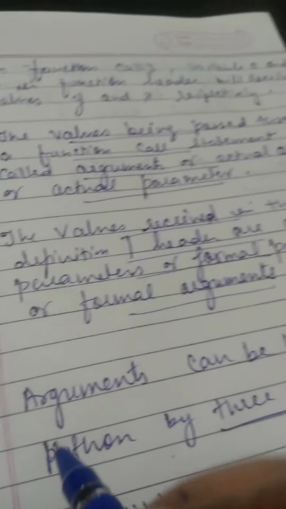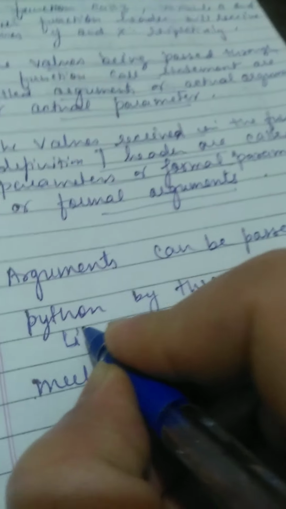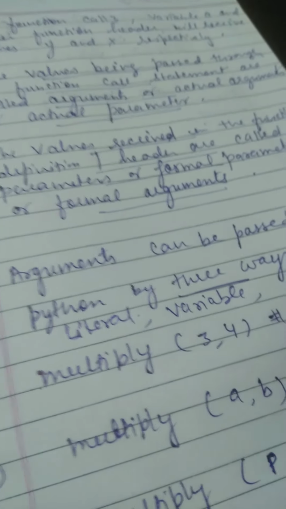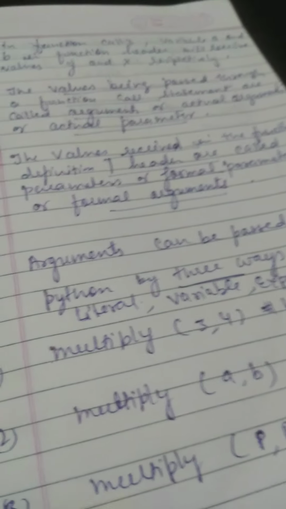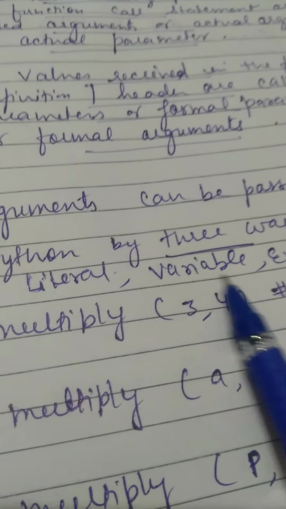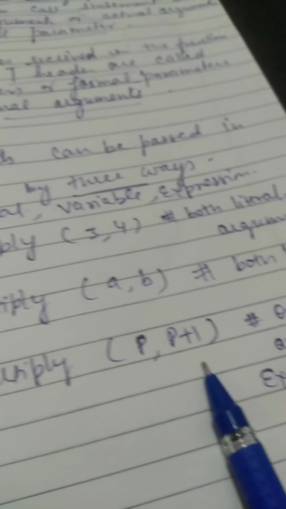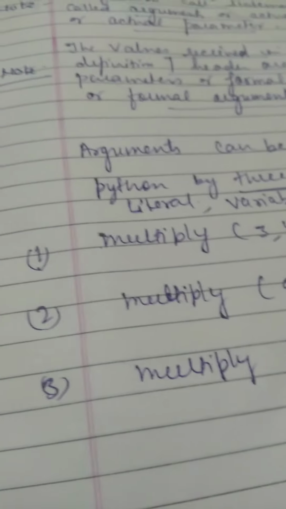By these three ways we can pass a value in the arguments, meaning in the function call. Literals, like 3 comma 4; variables, like a comma b; and expressions, like p plus 1 or p. In this way we can pass values in arguments.